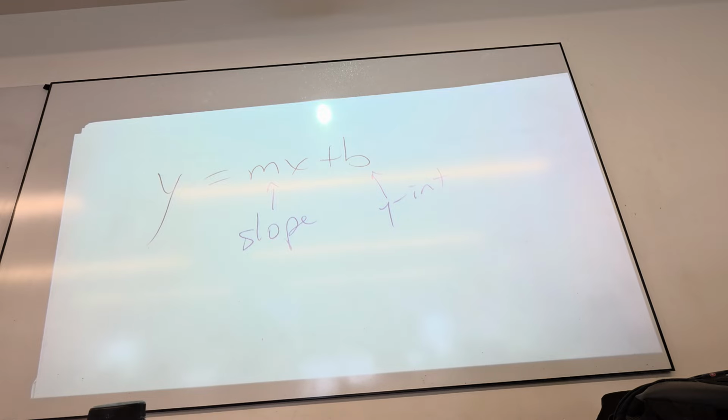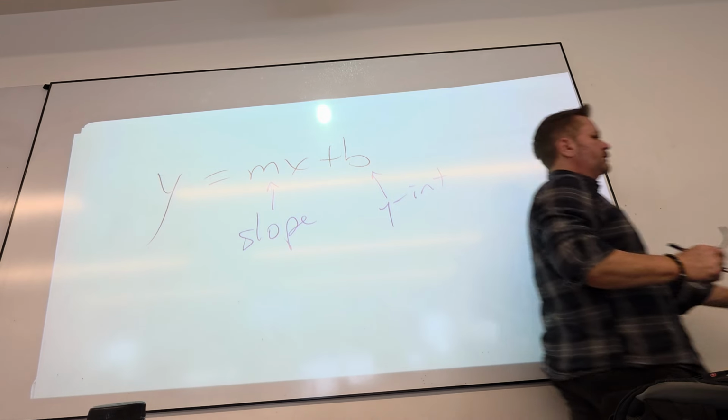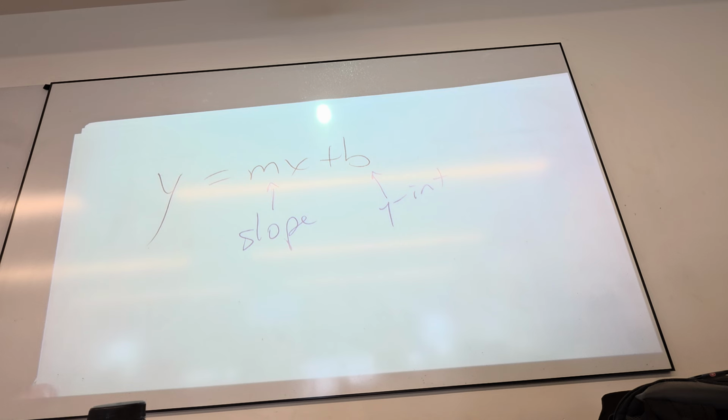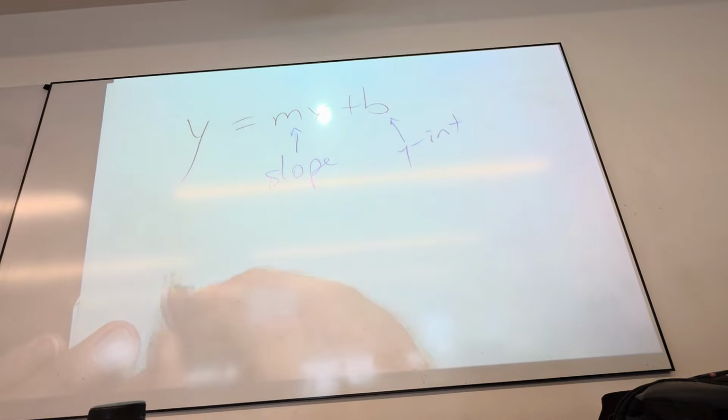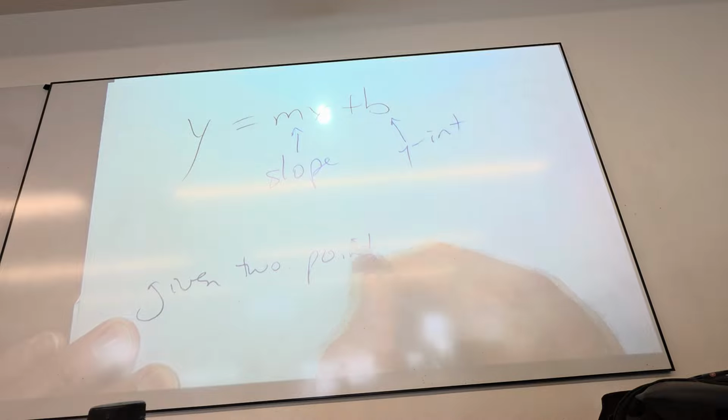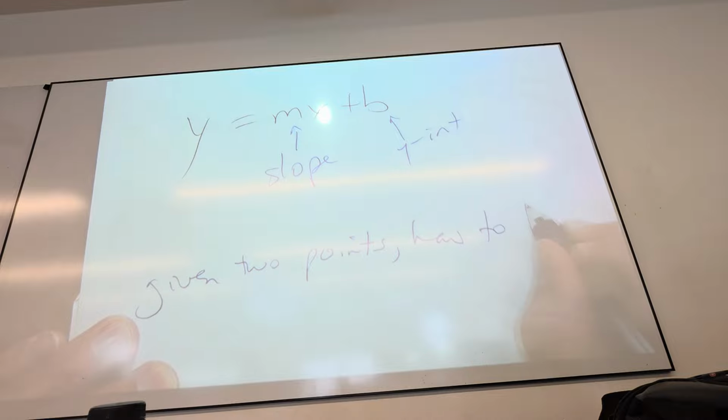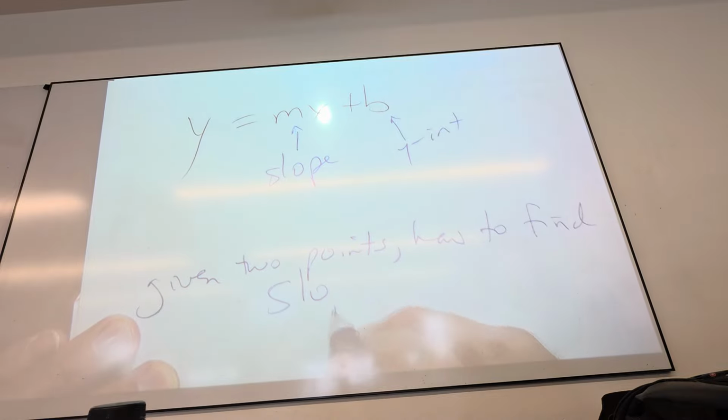Does anyone remember how to get the slope of a line given 2 points that it goes through? Rise over. Kick-ass.